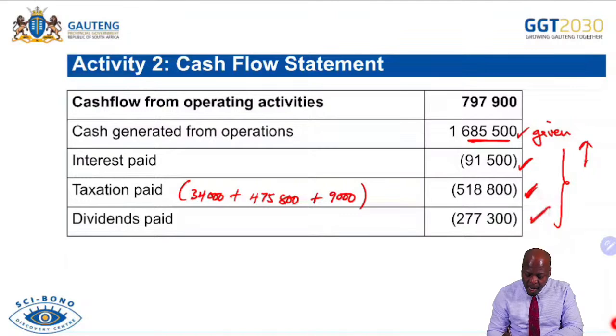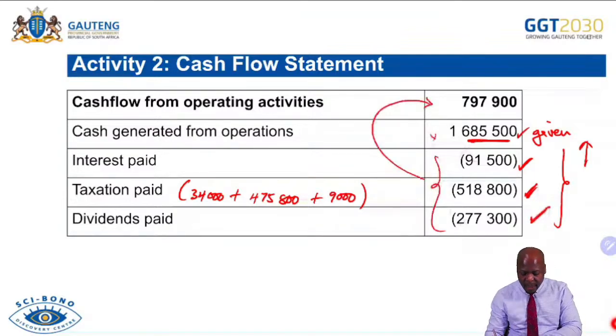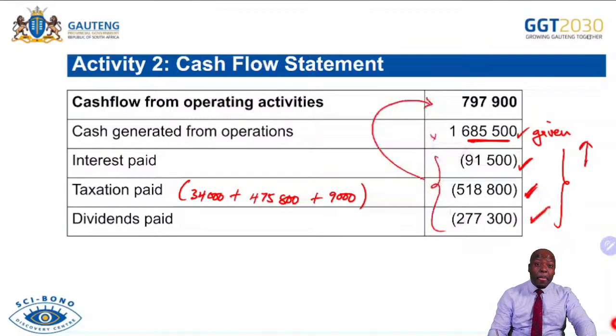Okay, so we are taking this amount, then we subtract these three amounts, and it should give us the cash flow from operating activities, which is your 797,900. That becomes your cash flow from operating activities.